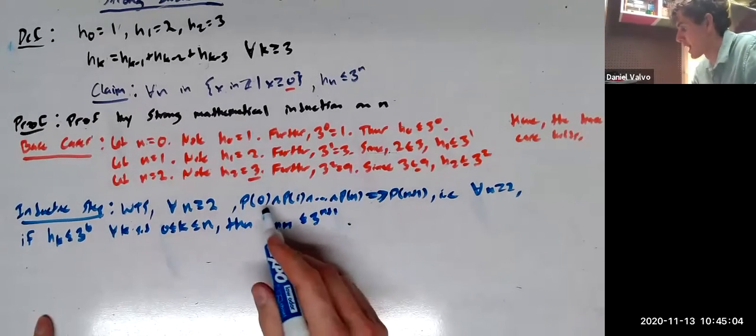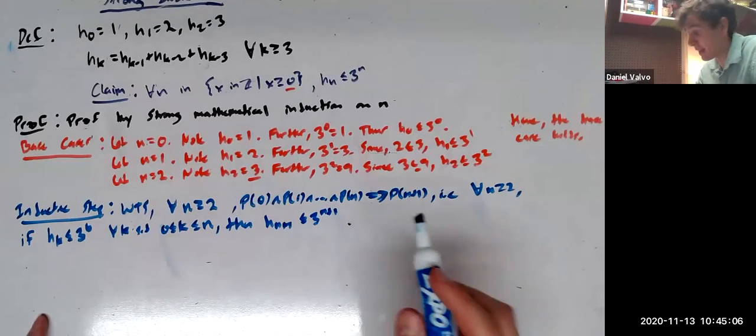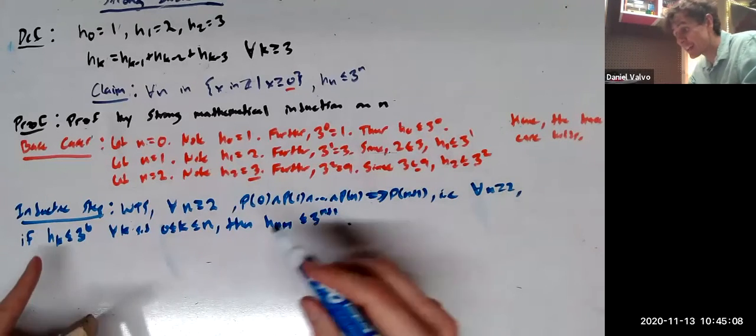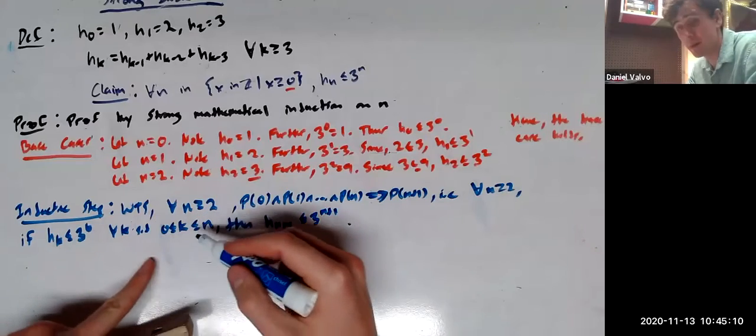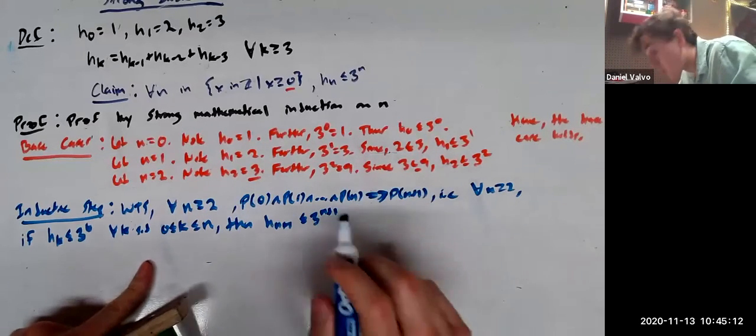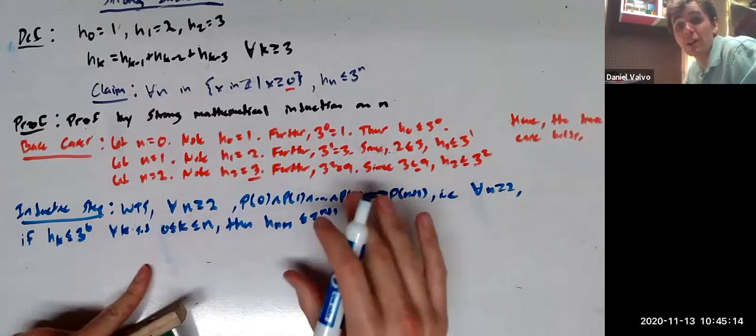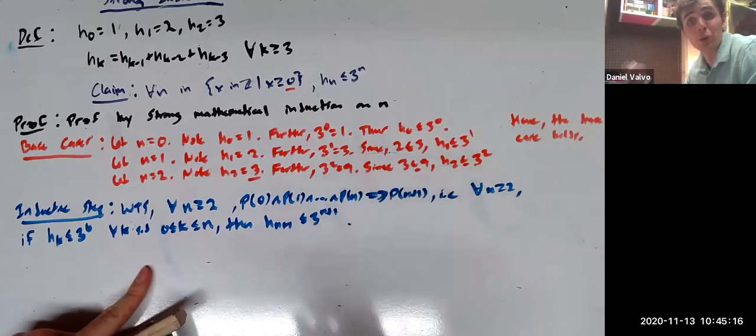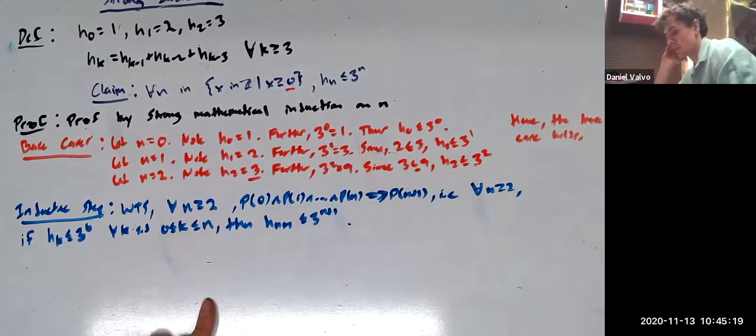This is just writing out exactly what this is saying. It's saying that for all n greater than or equal to 2, we want to show that if it holds for everything between 0 and n, everything up to n, then it'll hold for h of n plus 1. h of n plus 1 will be less than or equal to 3 to the n plus 1. This is the big idea we want to show.